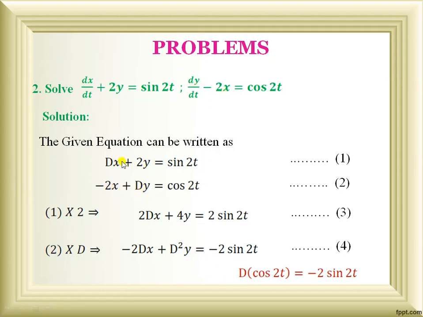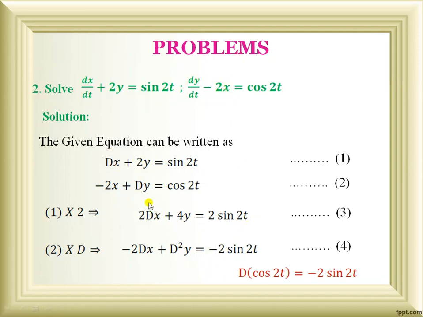Now I want to cancel out any one of the dependent variables. Look at the given problem. We have two equations as well as two dependent variables, and only one independent variable. We need to find both dependent variables x and y for this problem also.